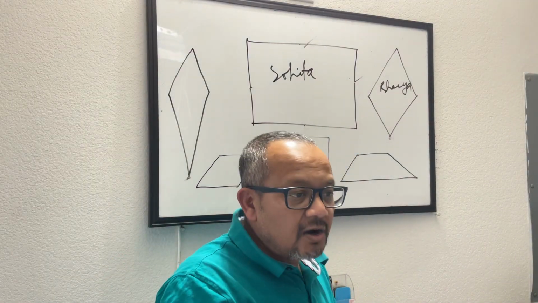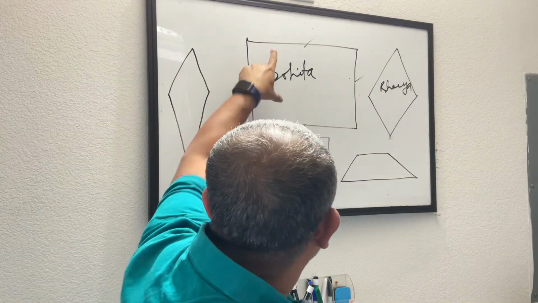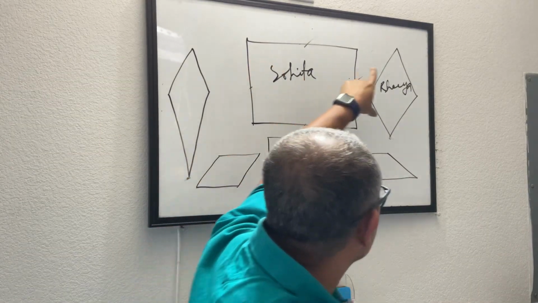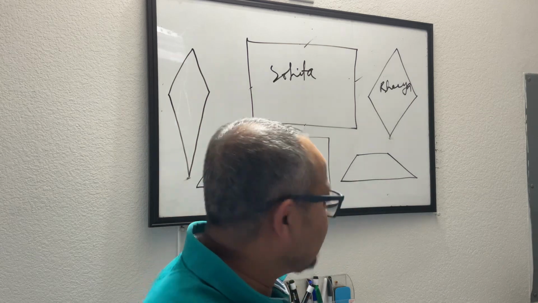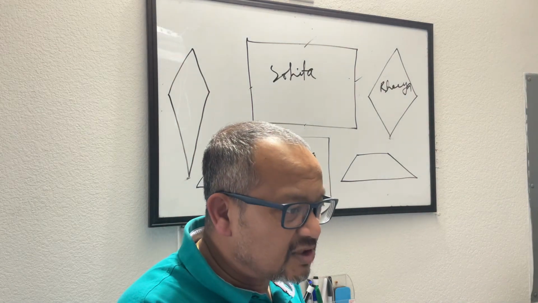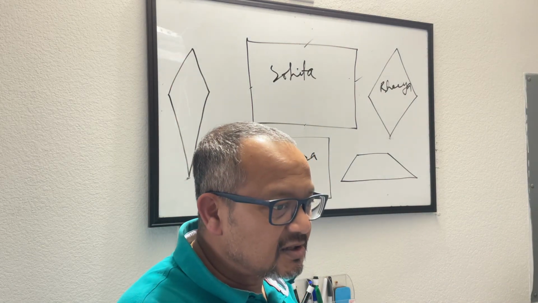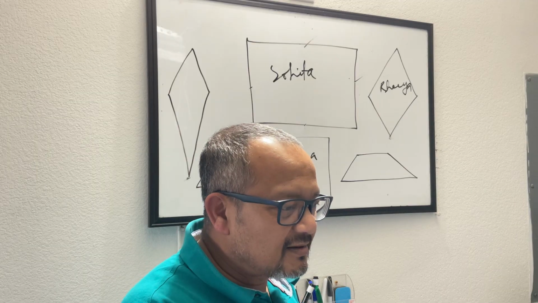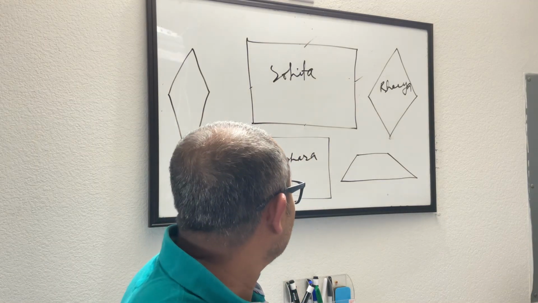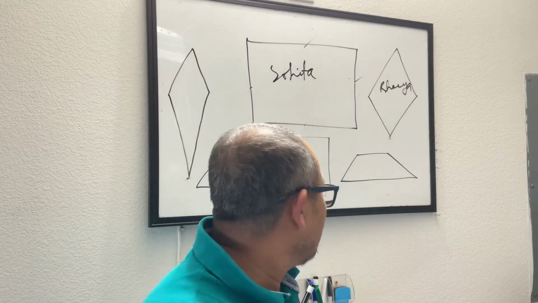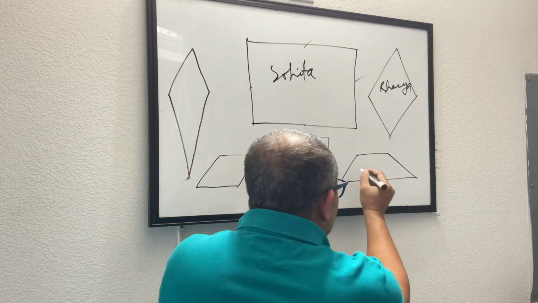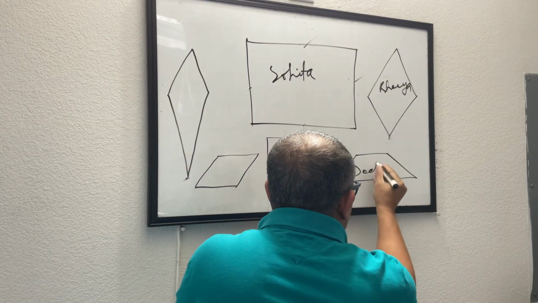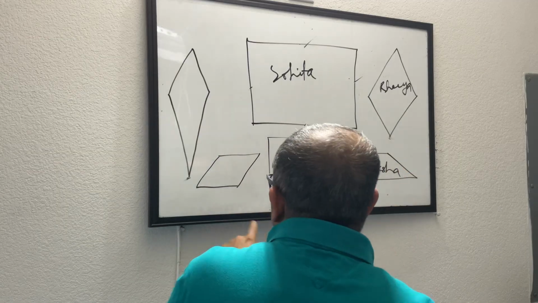Okay, now Sohita is a quadrilateral, Riya is a quadrilateral, and Akshara is a quadrilateral. Do we know them by these names? A rectangle, square, and a rhombus, or a diamond. How about Diksha? Quadrilateral.